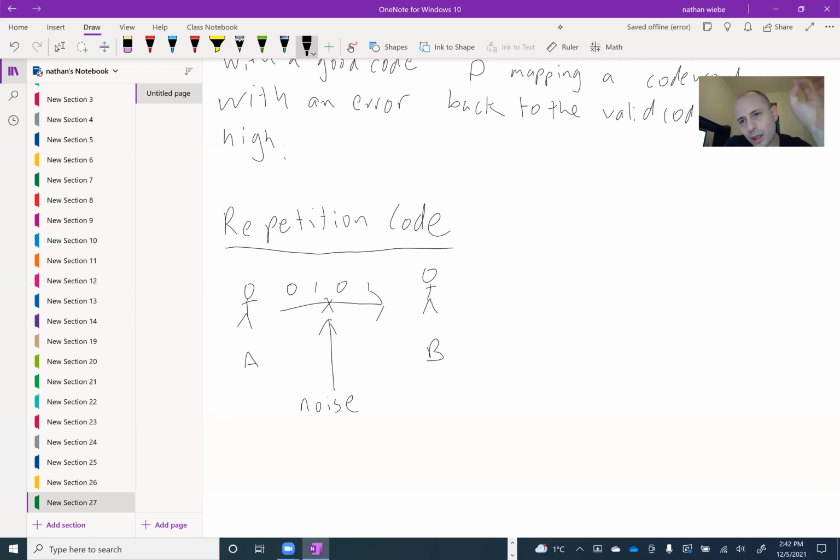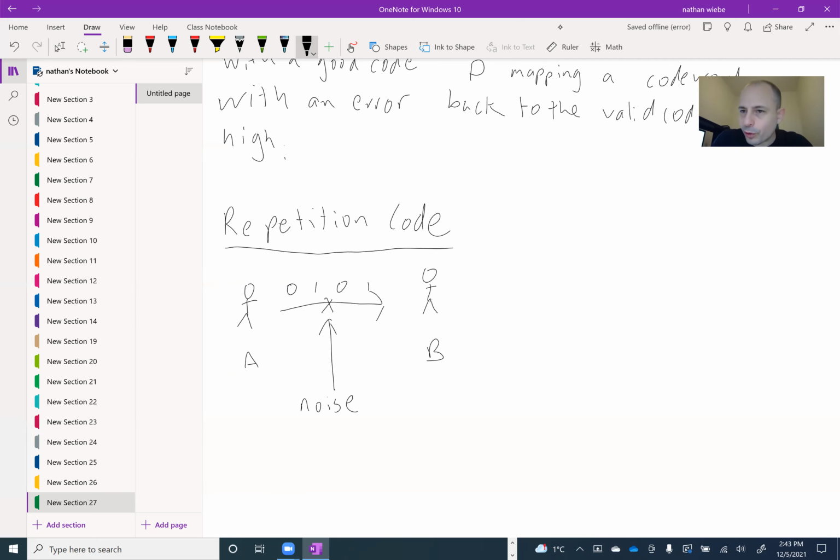Well, it turns out in general, of course, you can't necessarily deal with this. If the environment has the ability to choose noise completely adversarially, then they can always do it in such a way as to ruin Alice and Bob's day. But if we make some assumptions about the noise, then actually that isn't true anymore at all.